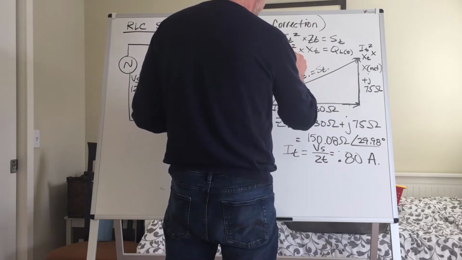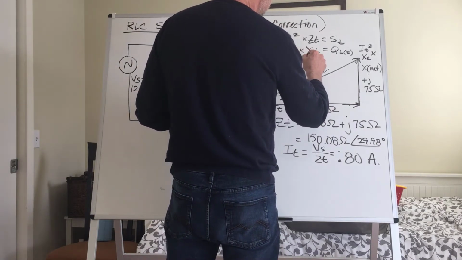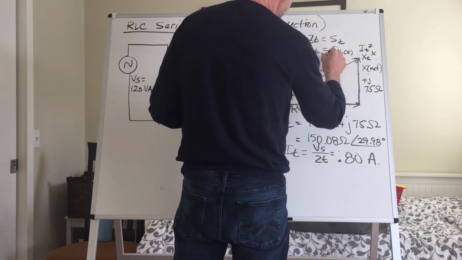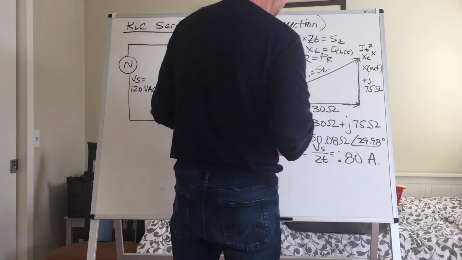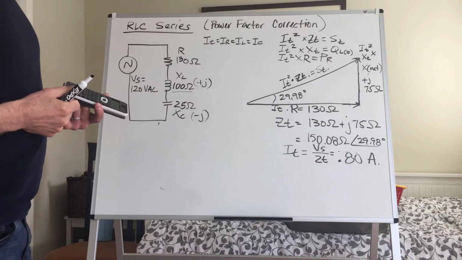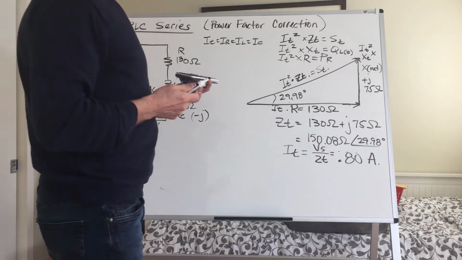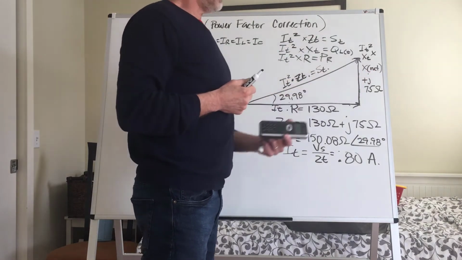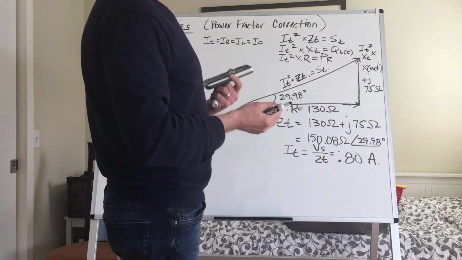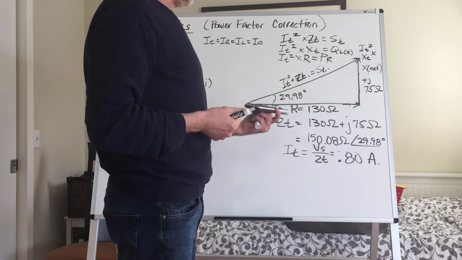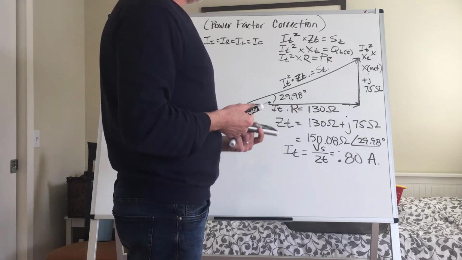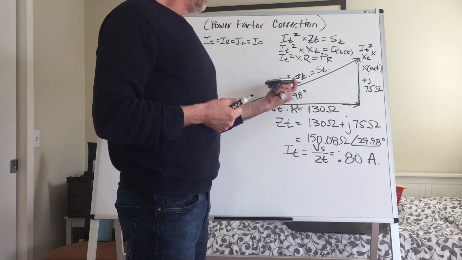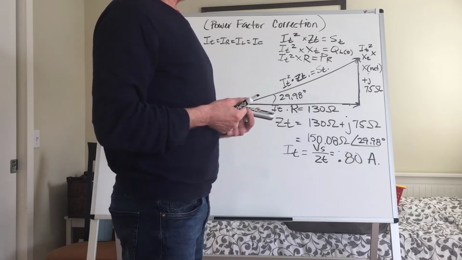So then you have I total squared times R to give you PR. Okay? So that's important because remember, after we've come up with that, we'll have all of our reactive power, our total reactive power, one that comes from QL minus QC. We'll have our total real power, and we'll have our total S value of our VAs.